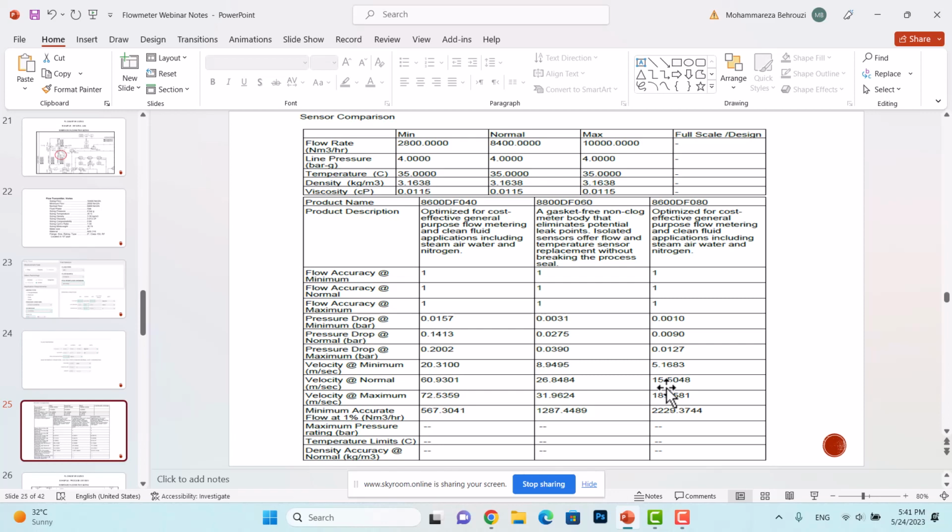The finalized selected one was 6 inches. Why? Because of the velocity criteria. Both 26 and 15 meter per second are acceptable, so both 6 inches and 8 inches could be selected. For instance, we produce methanol.